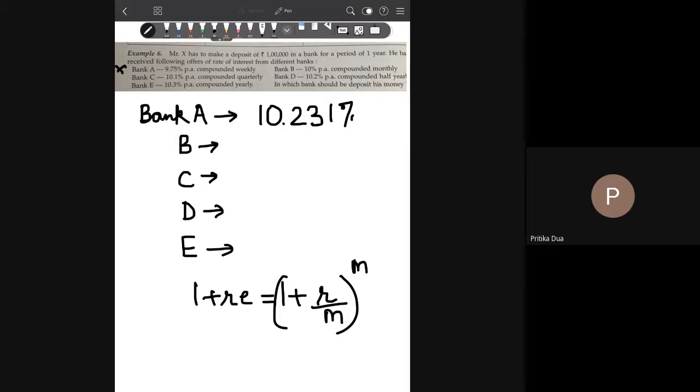Bank B, the answer is 10.47%. And after that, what is the answer for bank C? Anyone who has solved can give the answer in the chat box.